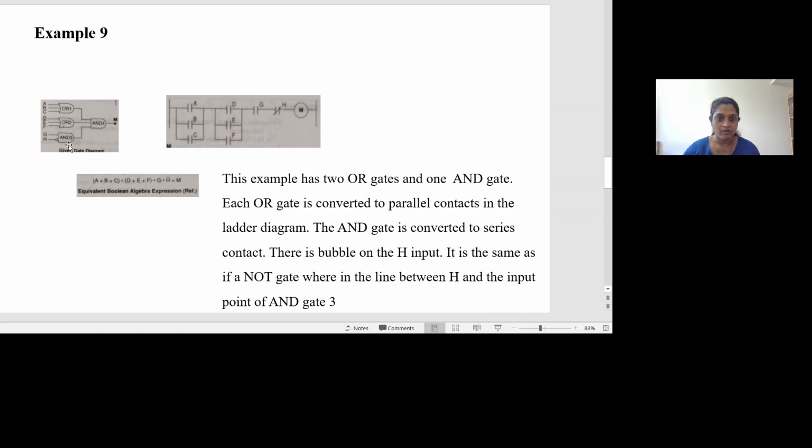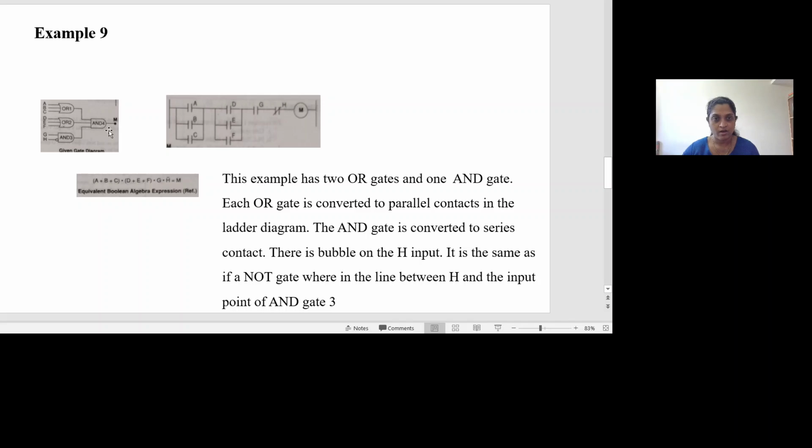Then we have an AND gate. The inputs are G, H. And these AND gate inputs are replaced by series contacts. So it is G, H bar. And H is taken as a normally closed contact because the H is inverted here. So H is taken as an NC contact.